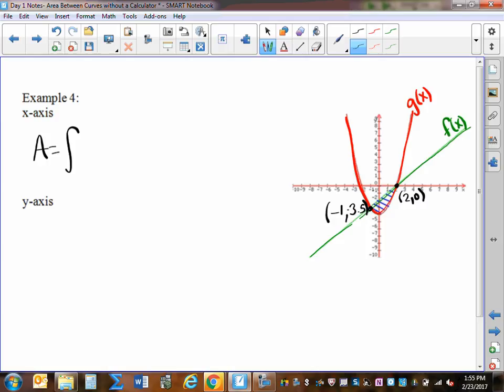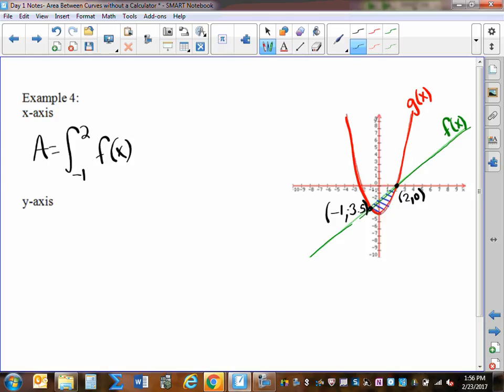So when I do my integral here, if I'm doing it with respect to x, I use my x values. It goes from -1 to 2, so those would be my bounds. And which one is my upper function, my top function? Good, f of x.